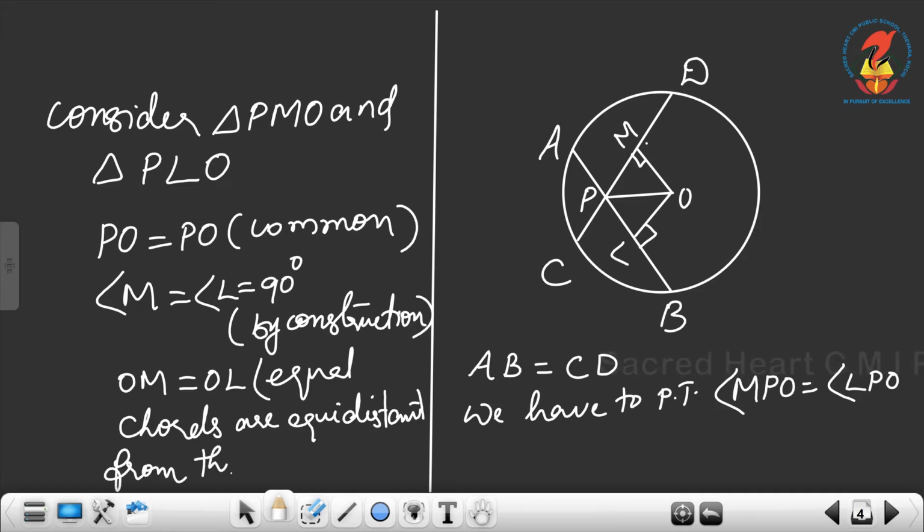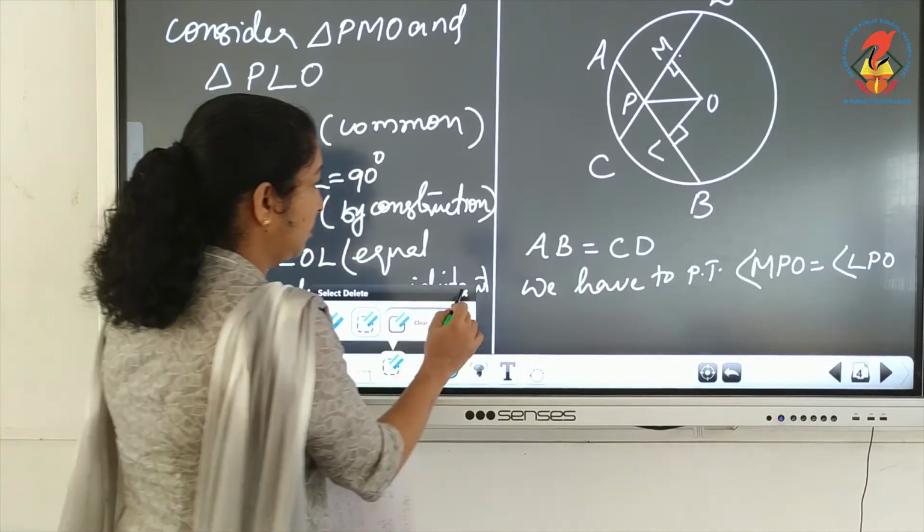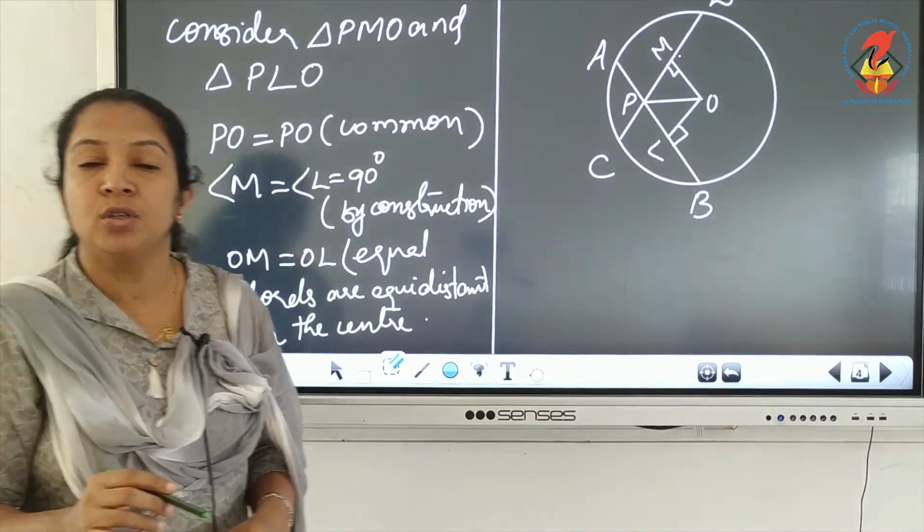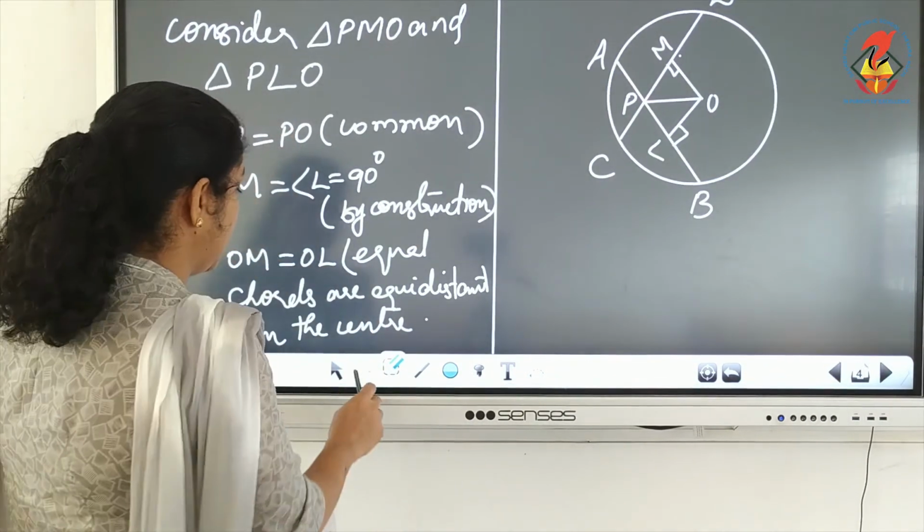So what can we say from this? Both these triangles are congruent using the RHS criterion.